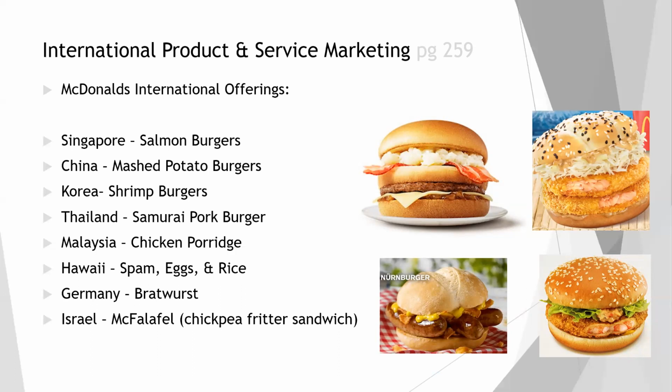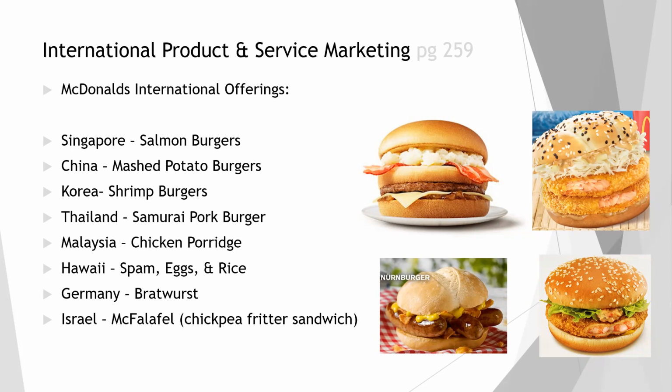You can see McDonald's had to change their menu for these local markets. In Singapore, you can get a salmon burger. Can't get that here in the United States. In China, you can get a mashed potato burger. In Korea, a shrimp burger. In Thailand, a samurai pork burger. In Malaysia, chicken porridge. In Hawaii, again part of the United States but very different in terms of taste, you can get a breakfast dish of Spam, eggs, and rice.